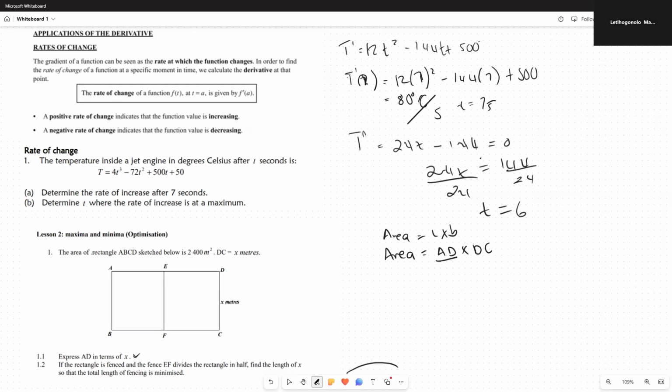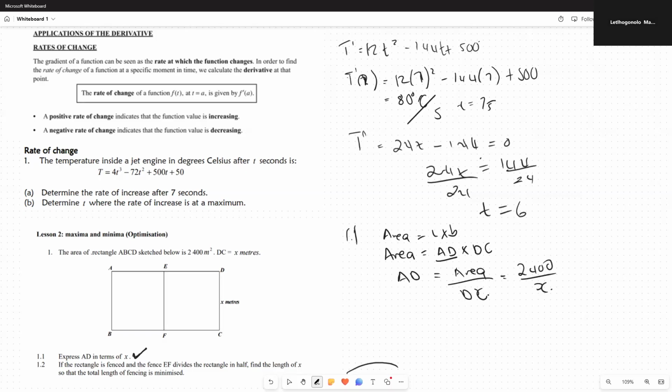So we want to rewrite AD and make it the subject of the formula. We get that AD is equal to the area over DC. So we will get 2,400 over x, and that is expressing AD with regards to x.